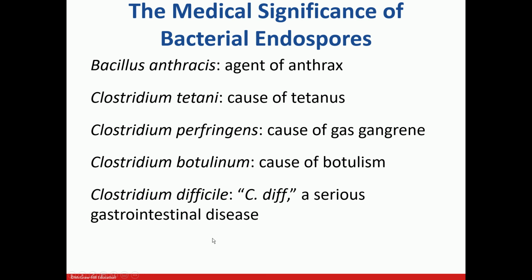And the bacteria which can form endospores are more difficult to treat, because whenever the conditions become bad for them, they are going to form spores. Clostridium botulinum causes botulism, and Clostridium difficile causes gastrointestinal disease.